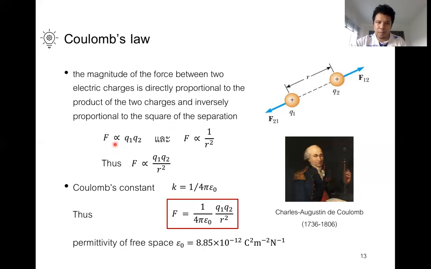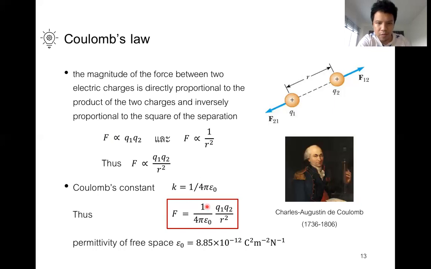So with the proportionality to Q1, Q2, and inverse R square, we have that the force will be proportional to Q1 Q2 over R square. Then we put in a constant, K, which is called the Coulomb constant. The Coulomb constant has the value of 9 times 10 to the 9.